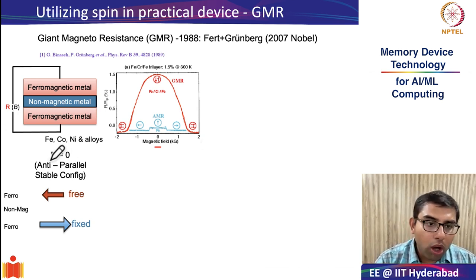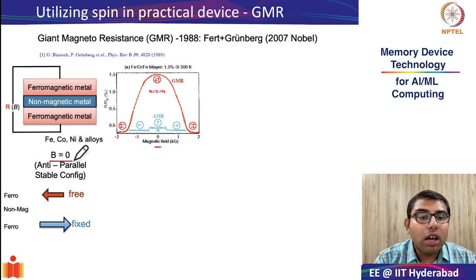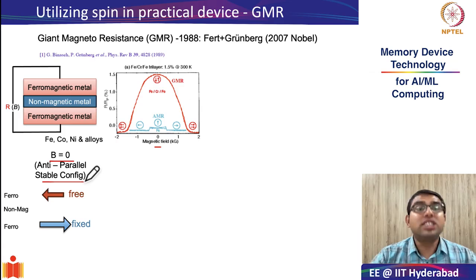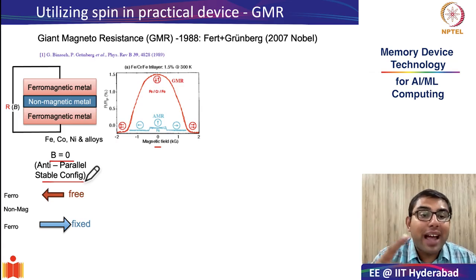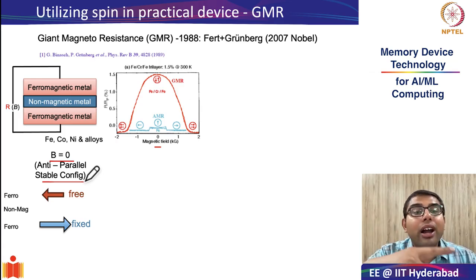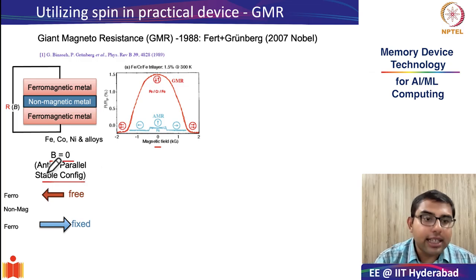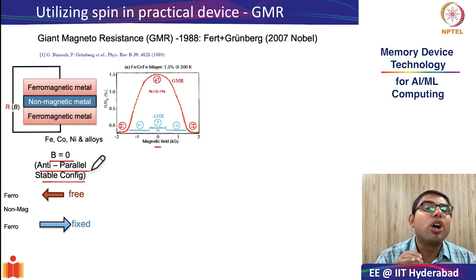So at zero external magnetic field, it turns out that the stable configuration is one in which the magnetizations of the two ferromagnetic layers are opposite to each other, and this is called the anti-parallel configuration.